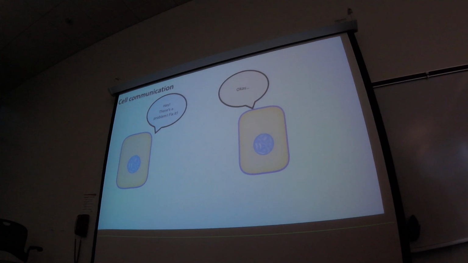And so oftentimes it's one cell telling other cells to do stuff. And how they communicate is going to basically depend on the distance between them. If it's close, they're going to rely on methods of diffusion to talk to each other. But if it's far, diffusion's not going to work.